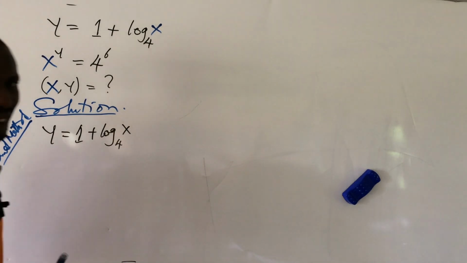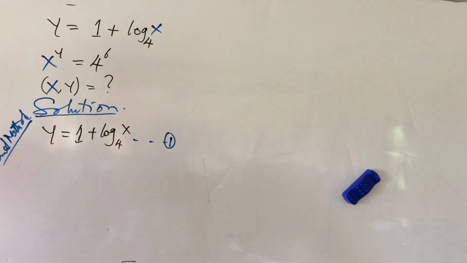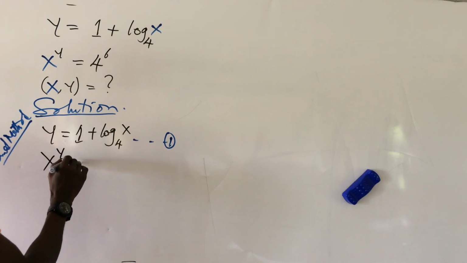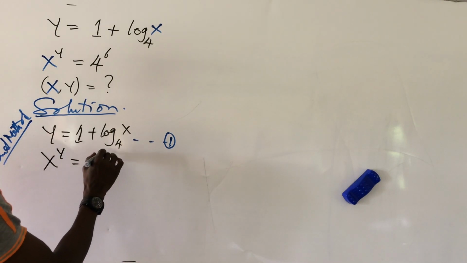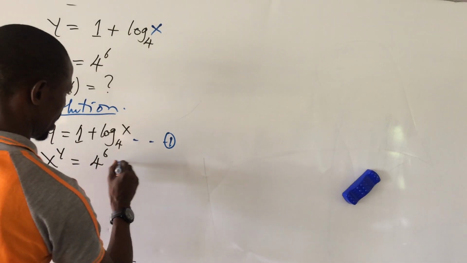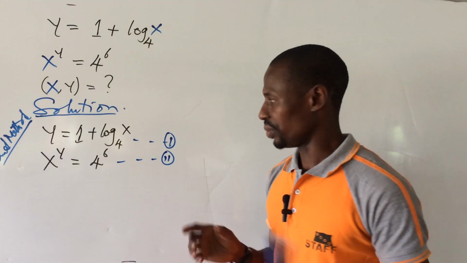Let's label this as our equation 1. Then the second one, we have x to the power of y equal to 4 to the power of 6. Let's take this as our equation 2.